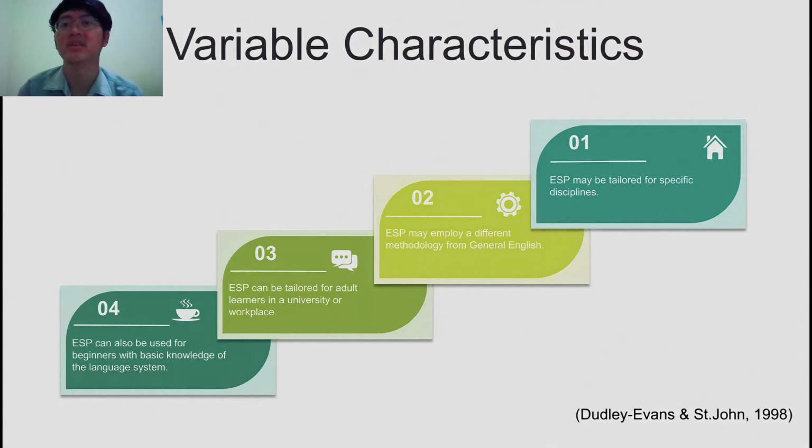ESP may employ a different methodology from general English, so it is okay if we use a different methodology from general English, because if you teach English in general, it will be general for grammar, vocabulary, etc. But because we teach ESP, for vocabulary, grammar, etc., it must be specific to be used in their work.